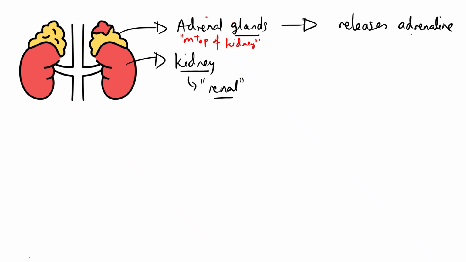Now, adrenaline has many functions, many effects. The first of which is that it contacts our heartbeat regulator, or our pacemaker, and it increases heart rate. So it contacts the sinoatrial node.